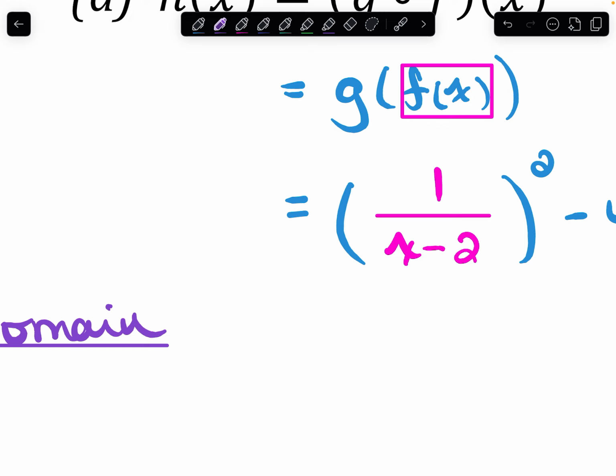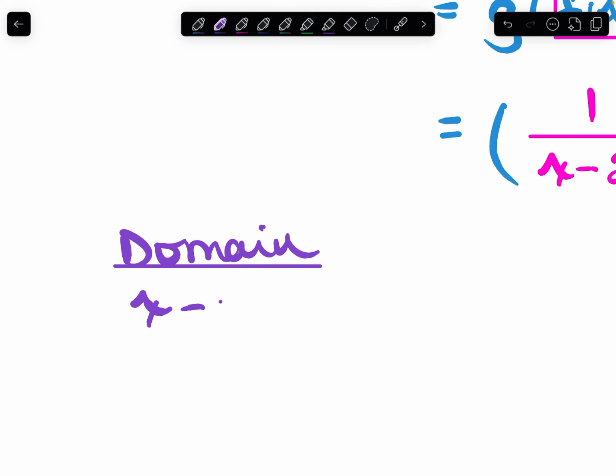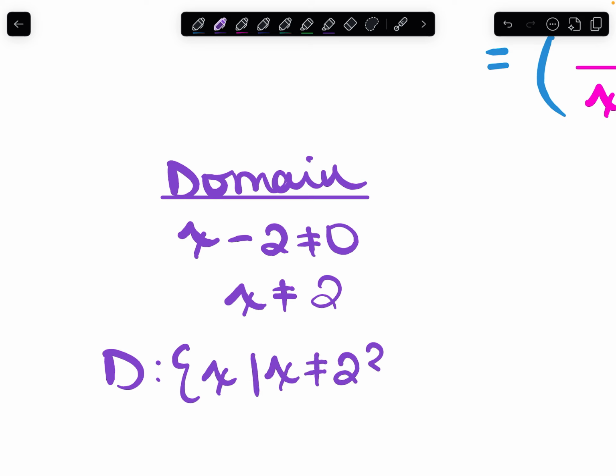The square on the outside has no effect on this, because the x minus 2 is going to be in the denominator whether it's squared or not. So x minus 2 is not allowed to equal 0. We add 2 to both sides. X cannot equal 2. So the domain, however you like, x can't equal 2.